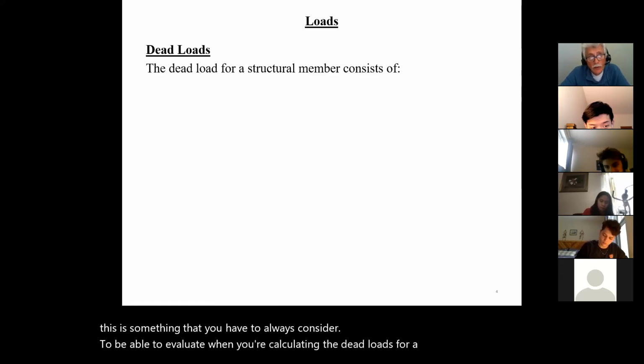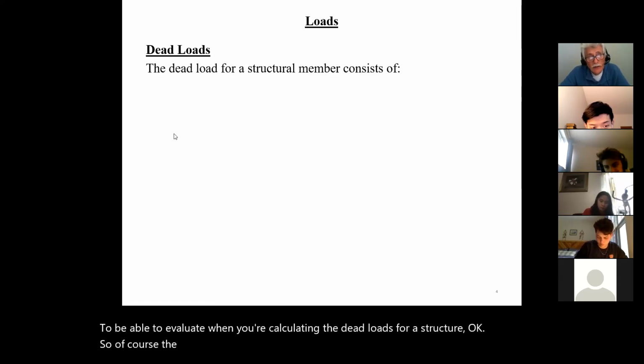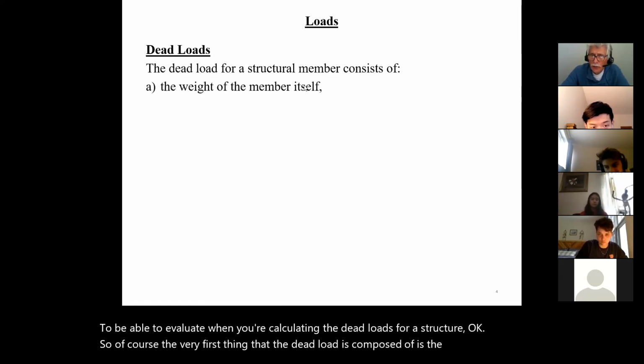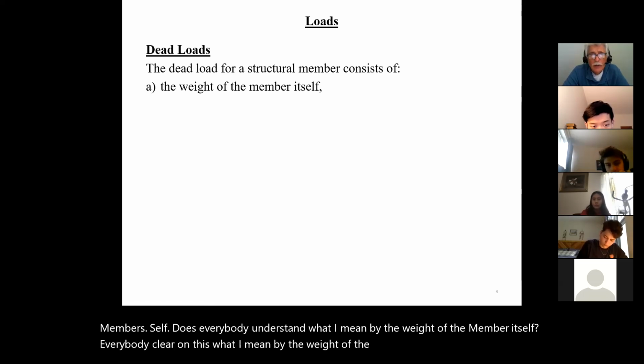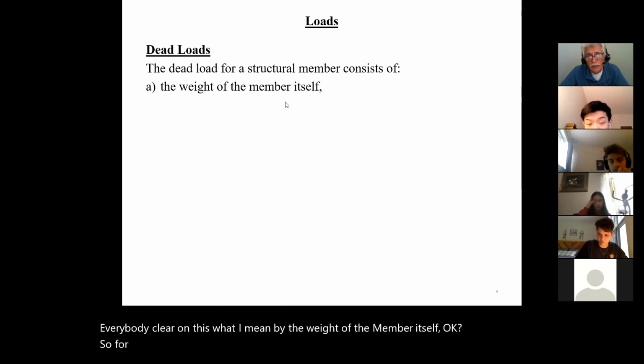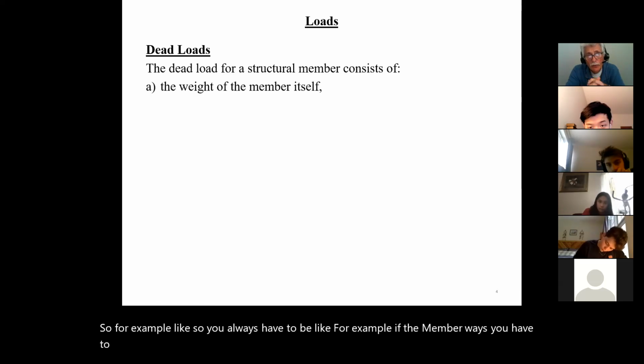The very first thing the dead load is composed of is the weight of the member itself. Does everybody understand what I mean by the weight of the member itself? Everybody clear on this? You have to be able to determine the weight of the member and account for it.